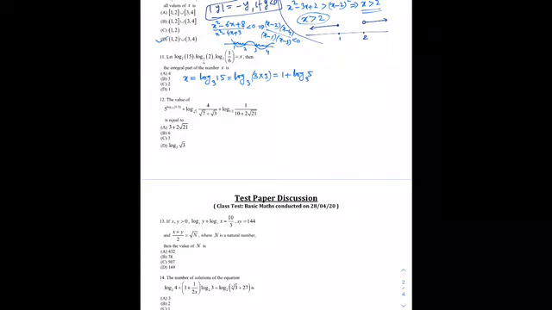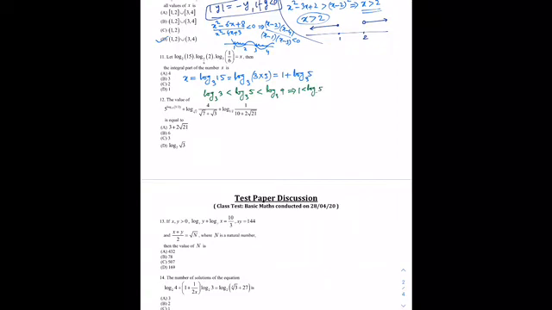Now we know that log of 3 to the base 3 will be less than log of 5 to the base 3, and that will be less than log of 9 to the base 3. Okay, so that you can understand how it is coming. Now simply this means 1 less than log 5 to the base 3 less than 2. What does it imply? It implies that the log 5 to the base 3 value is lying between 1 and 2.